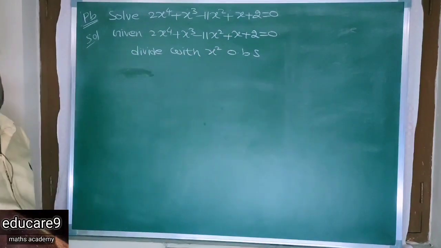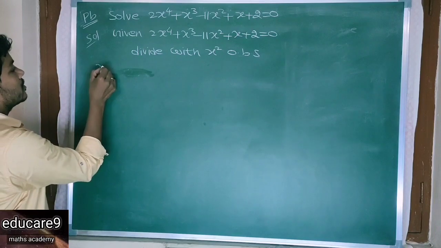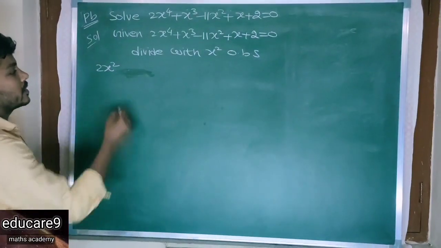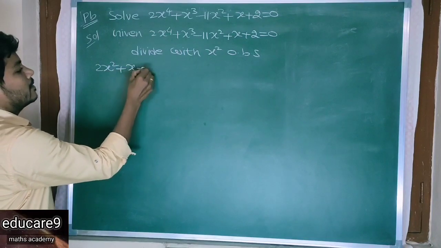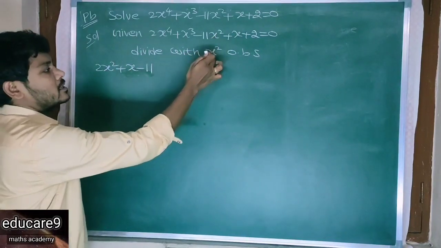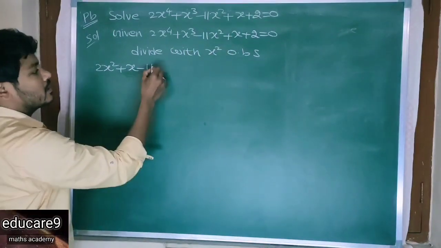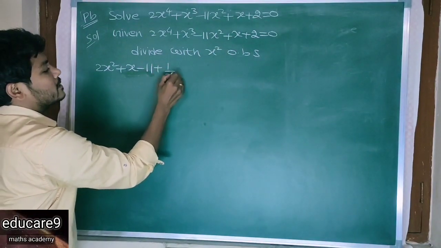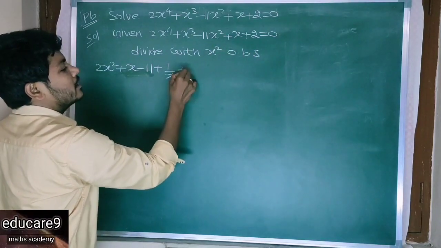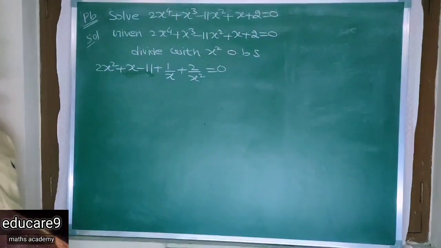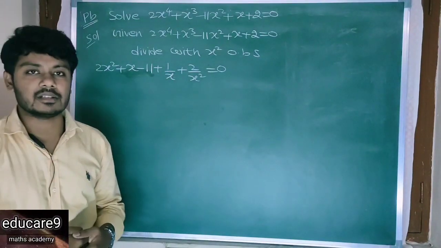2x power 4 by x square, that is 2x square. x cube by x square, that is x, minus 11x square by x square is 11, and x by x square is 1 by x, and 2 by x square is equal to 0. So clearly this is the quadratic equation.